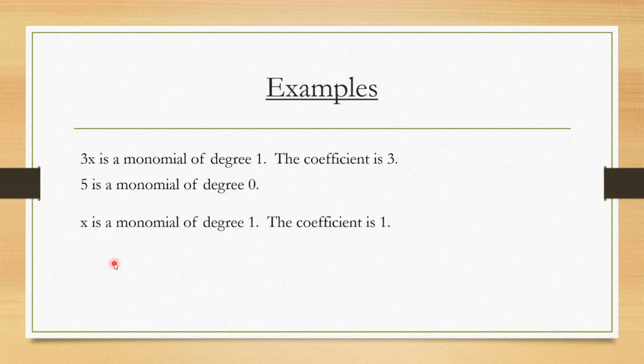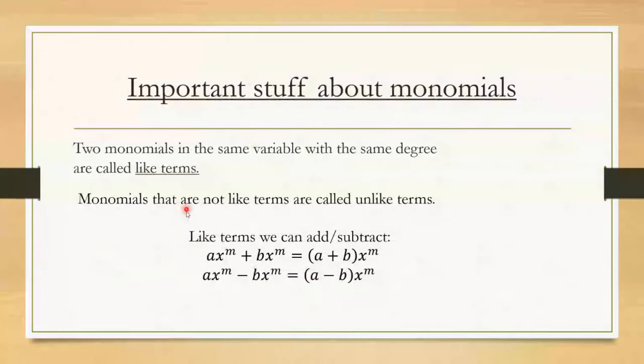Now with monomials, you can add and subtract them, but you do have to be careful. And that's where this stuff comes into play. Basically, we have this notion of like terms. We say that two monomials in the same variable of the same degree are called like terms.